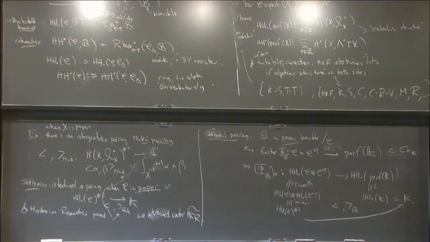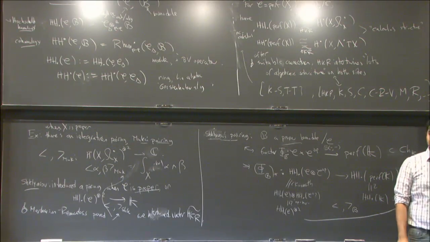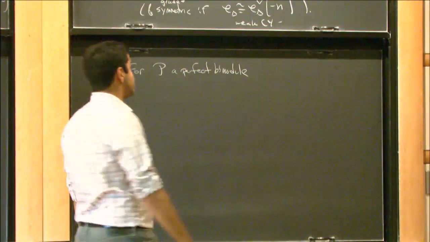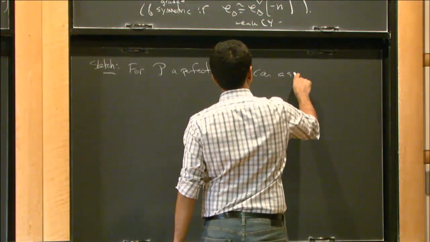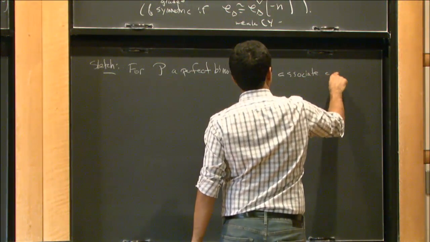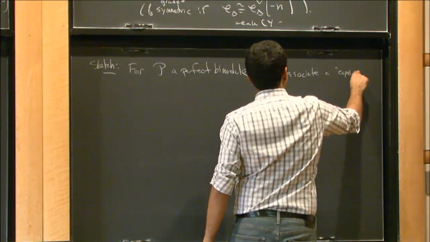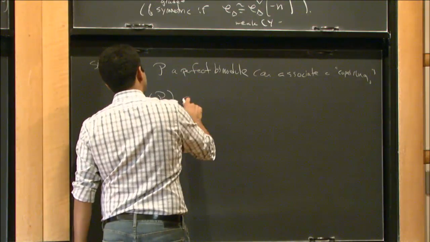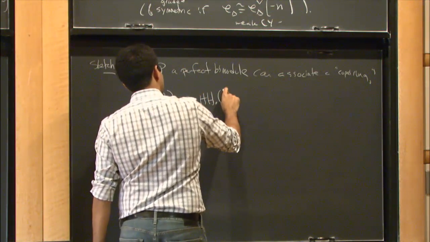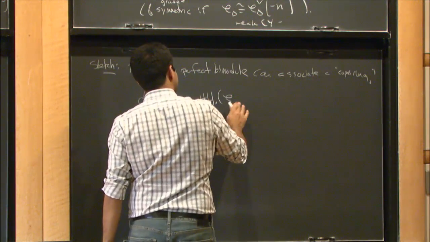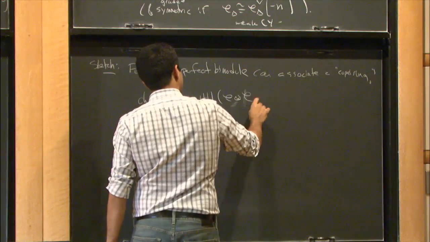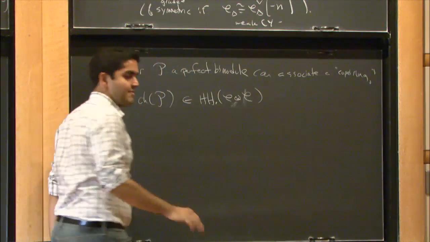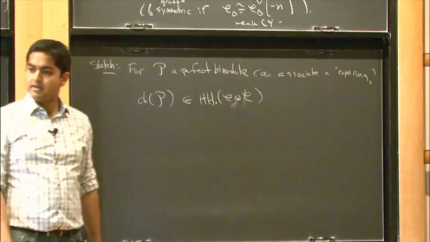The starting point is that for any perfect bimodule, there's actually a copairing. You can associate a copairing, which I'll call the Chern character of that bimodule, in the Hochschild homology of C tensor C. I'm now going to start forgetting about the ops.